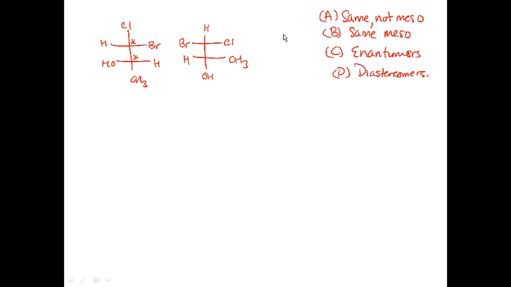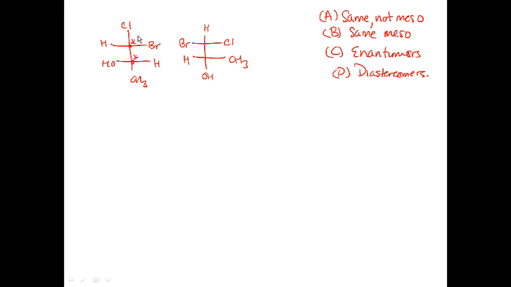Okay. Now, whenever I see a molecule with two chiral centers, the first thing I like to do is see whether or not meso is a possibility. Now, when will meso be a possibility? When the two chiral carbons have exactly the same three groups attached to them. But that's not the case here.